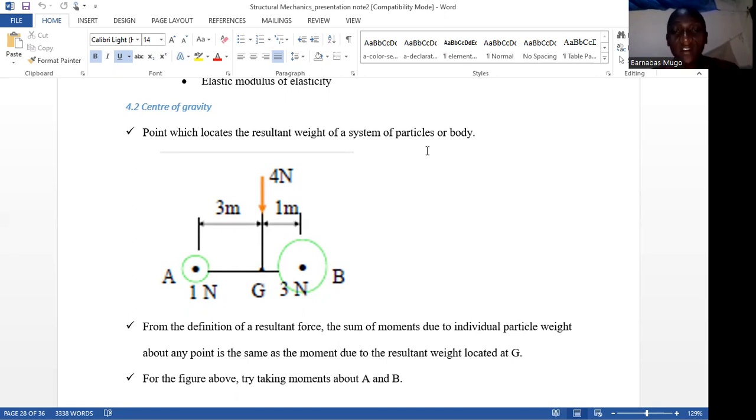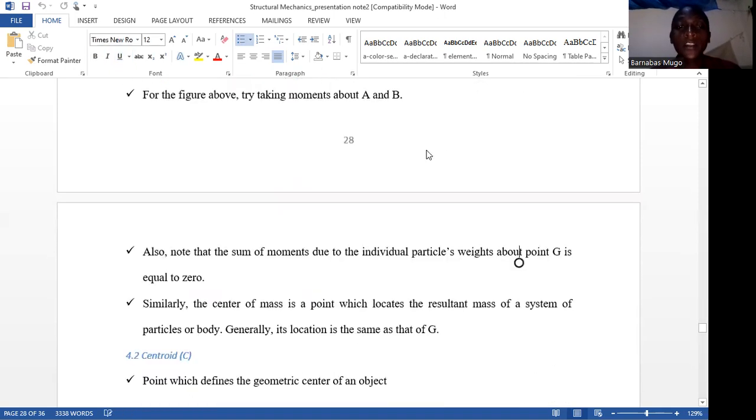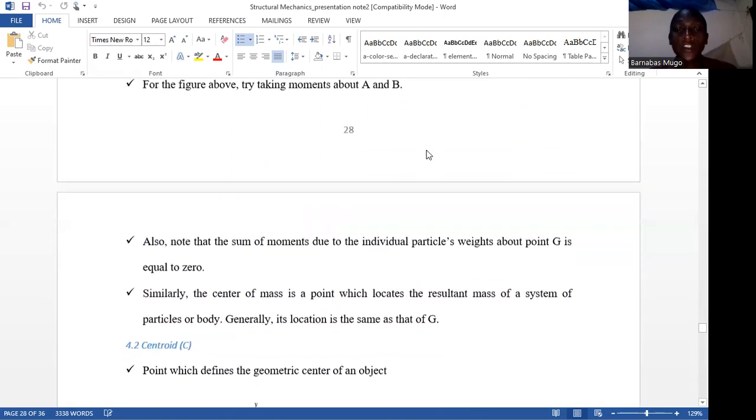So this resultant force, that is 4 Newton, is acting at the center of gravity, as you can see. For the figure above, by taking the moment about A and about B, the resultant moment seems to be acting from point G.